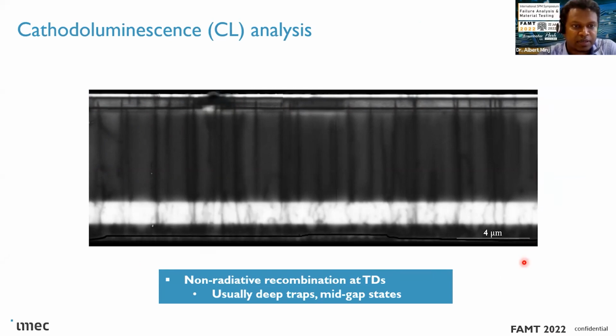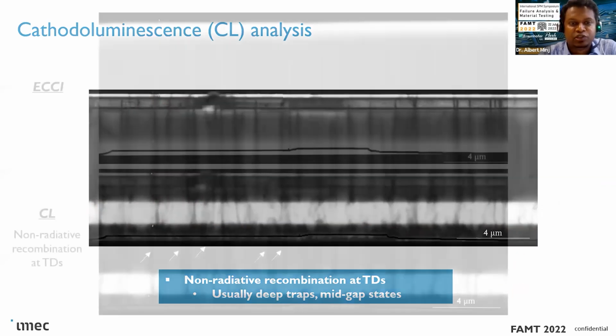So this is how a typical CL map will look like. We are also seeing some regions where we have reduced recombination, or let's say non-radiative recombination, which also extends from the P to the N plus. Here in the N plus, we have quite a high luminescence going around.